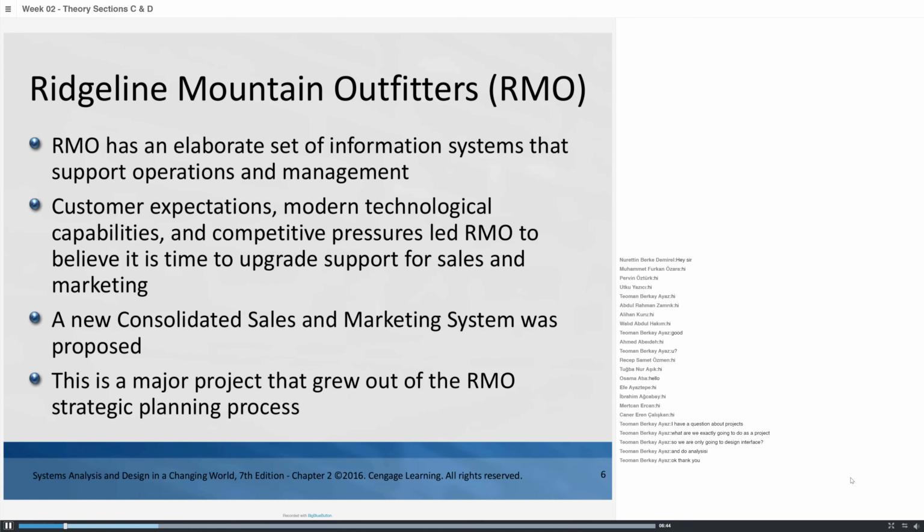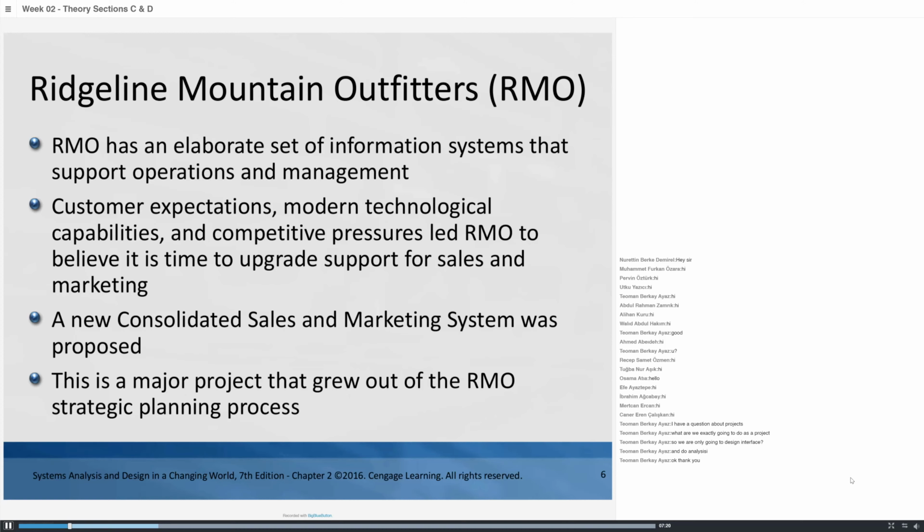So, as we said earlier, Ridgeline Mountain Outfitters has an elaborate set of information systems applications developed over the years to support operations and management. However, there's a growing gap between customer expectations, current technological capabilities, and existing legacy systems.